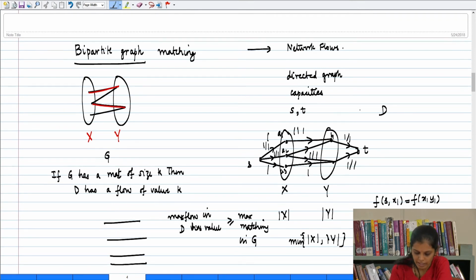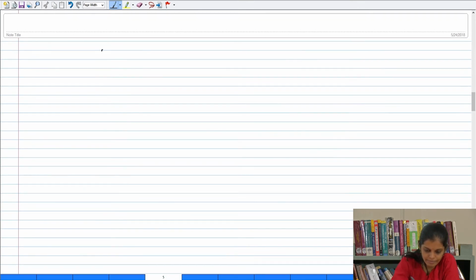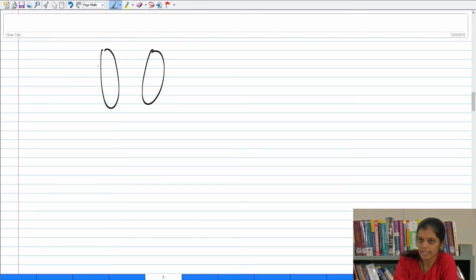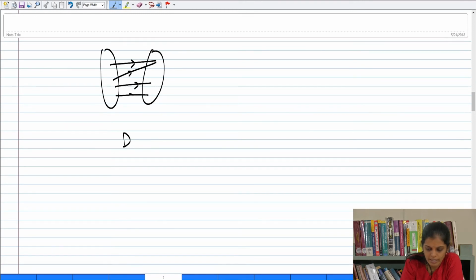So now what we are trying to show is, you take the graph D, concentrate only on the bipartite graph, and look at the edges that got unit flow. Because I want to prove it, I am saying for the sake of contradiction, suppose there are two edges incident on a vertex which get 1 unit of flow, right.